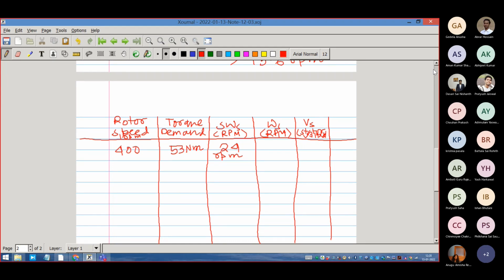So omega S, that means the supply frequency, I am writing in the mechanical way, but understand what I mean, will be 424 RPM. The actual frequency Fs will be 424 divided by 60, since this is revolutions per minute.